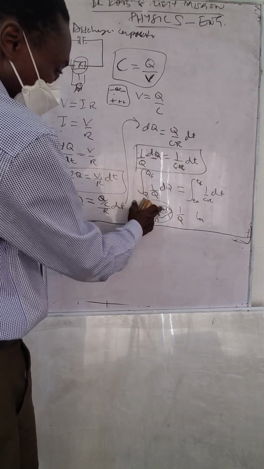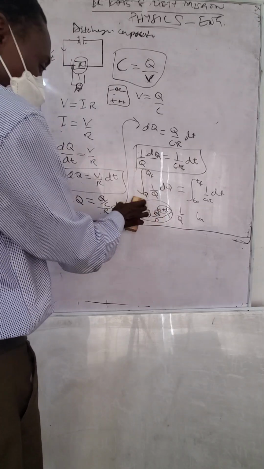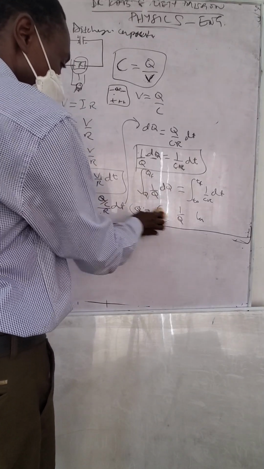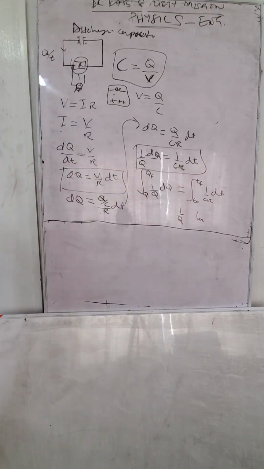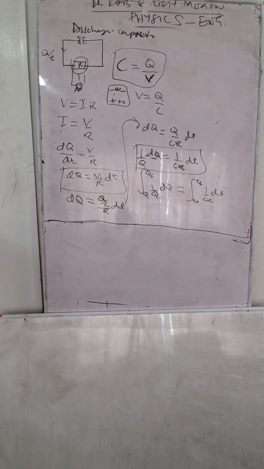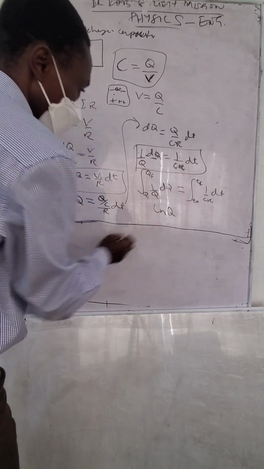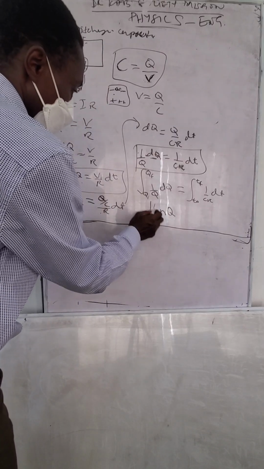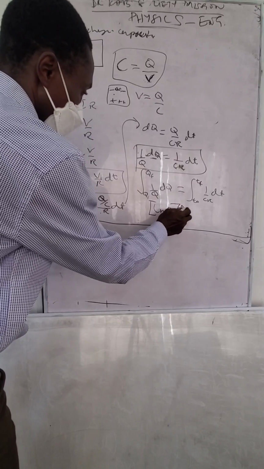Trying to go by the normal method, this will not work because this will be 0. It will make this equation ill-defined. So there's another way to deal with it, and that is by using the natural log. This portion of the equation will become natural log of q, then we have q initial, q final.